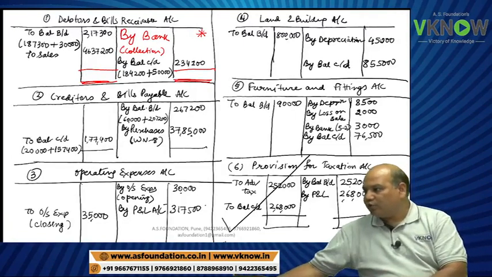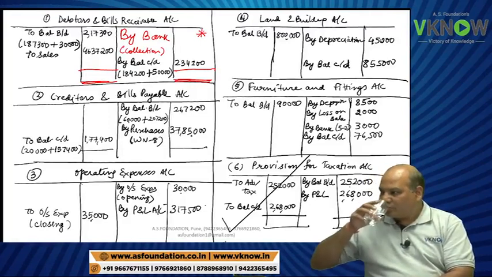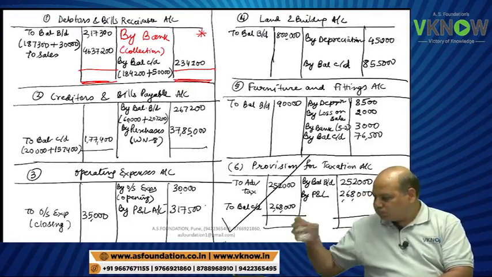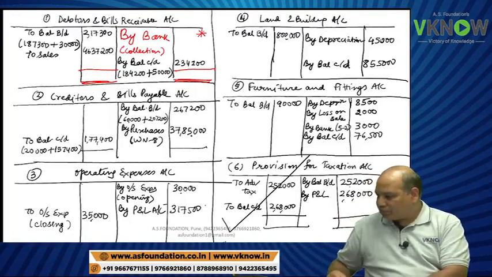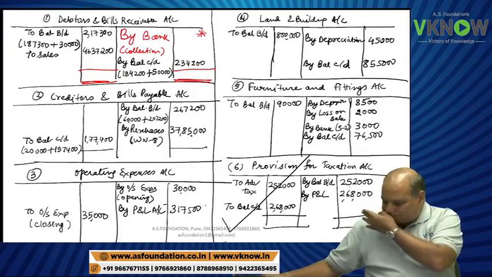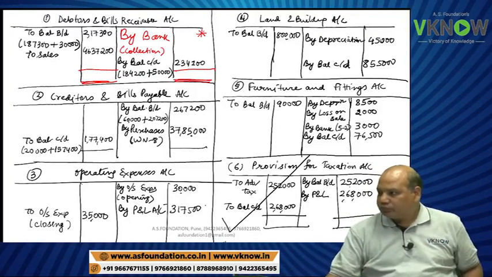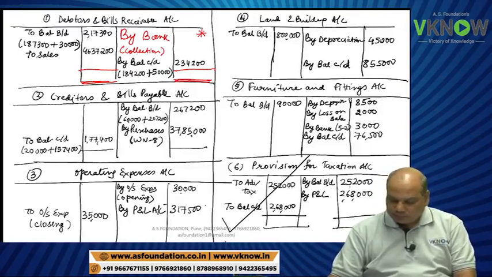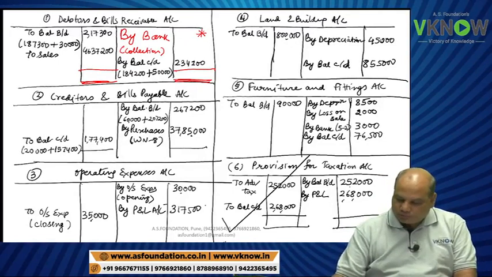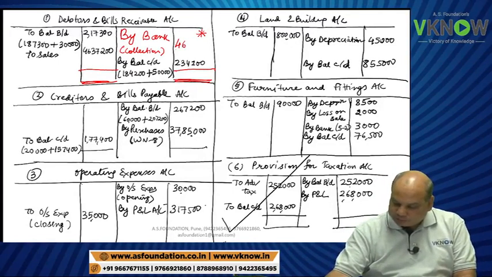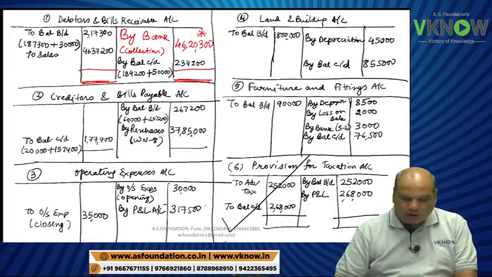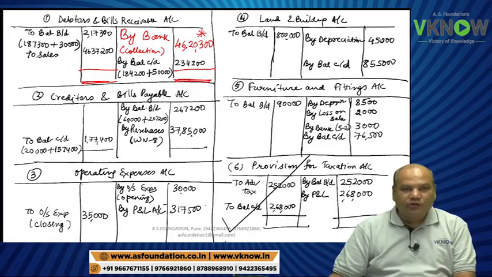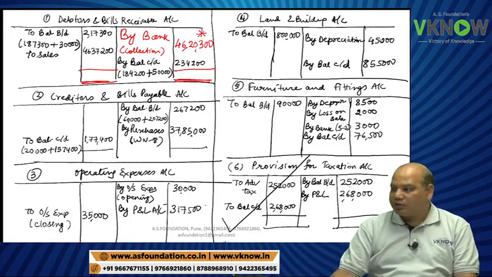Then also calculate payment to creditor. So by bank is how much? 46 lakh 20,300.